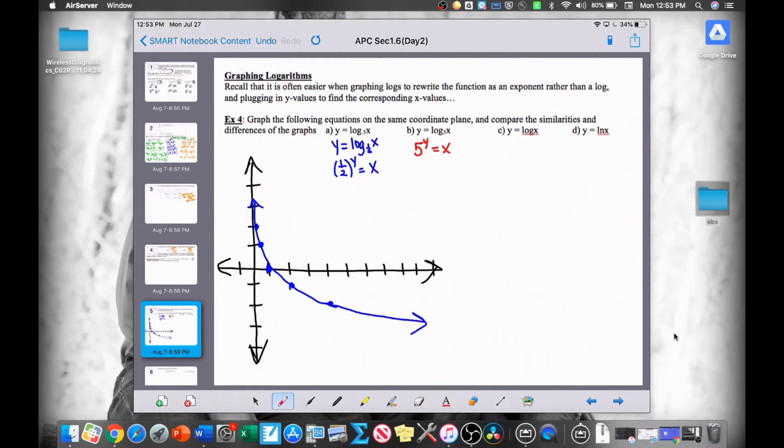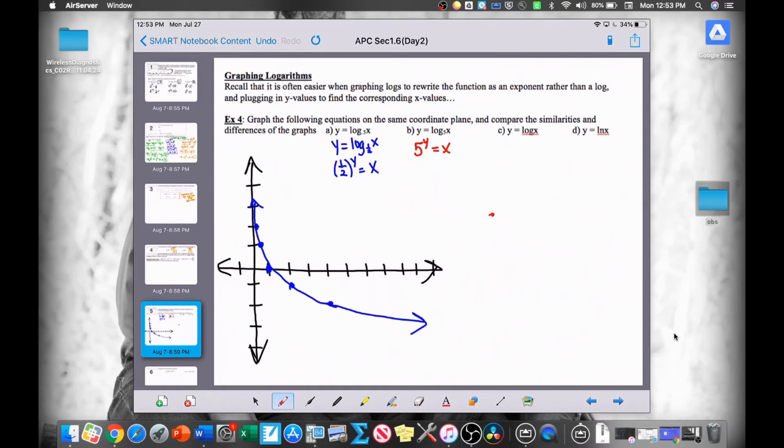So now when I start plugging in my y values, when y is 2, five squared is going to be 25, which is going to be way out in the distance. Somewhere way out here.